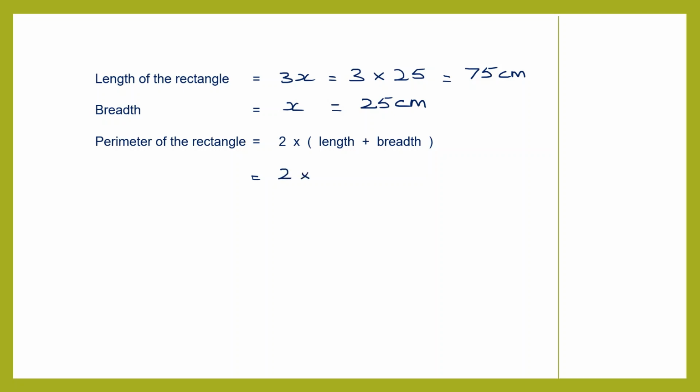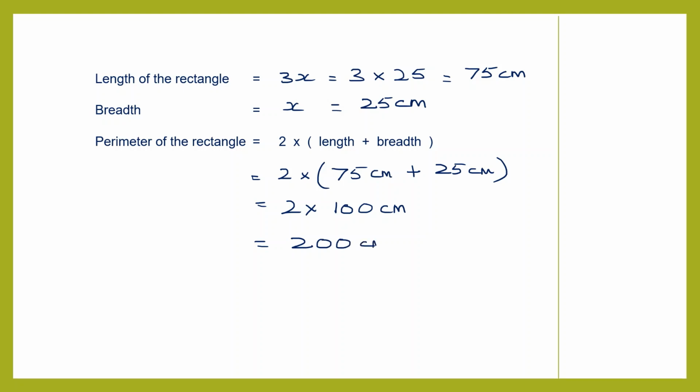That is 2 into 75 centimeters plus 25 centimeters. 75 plus 25 is 100 centimeters. 2 into 100 is 200. So our answer here is the perimeter of the rectangle is 200 centimeters.